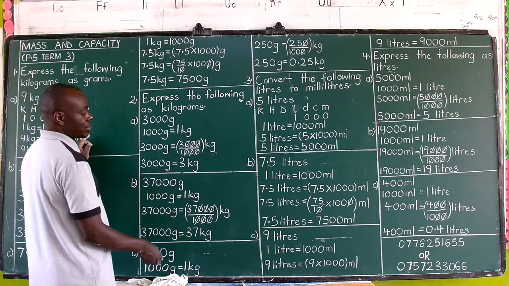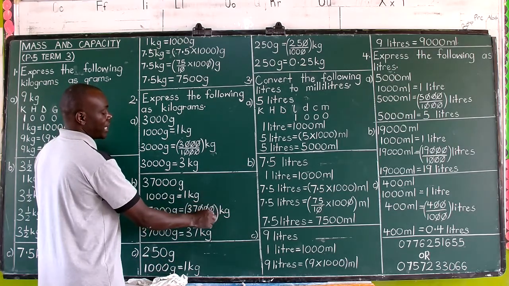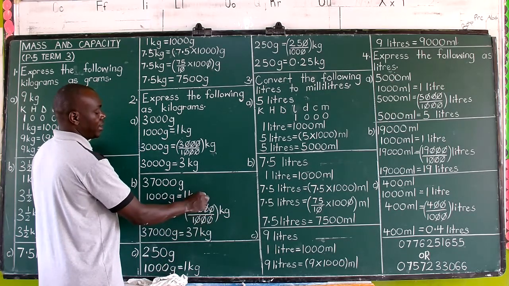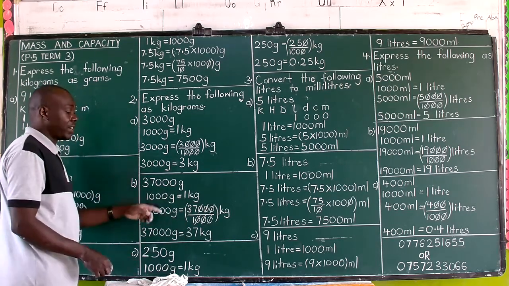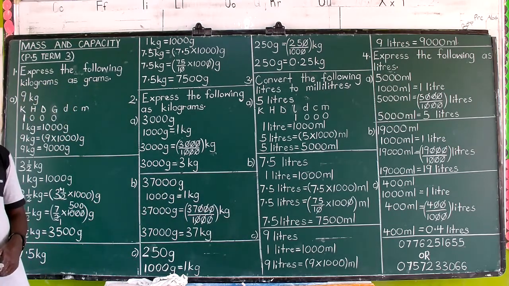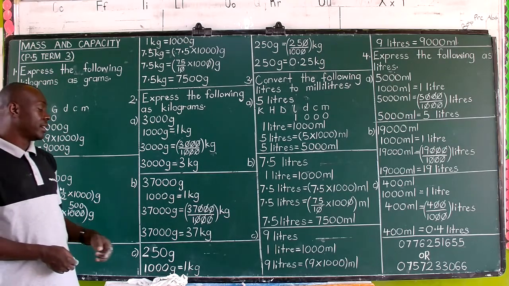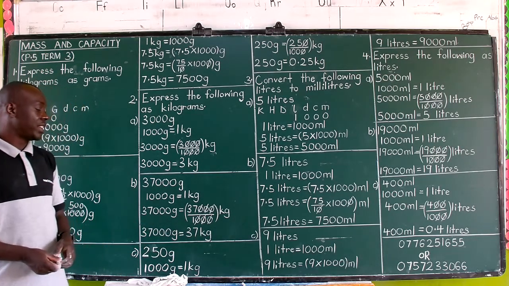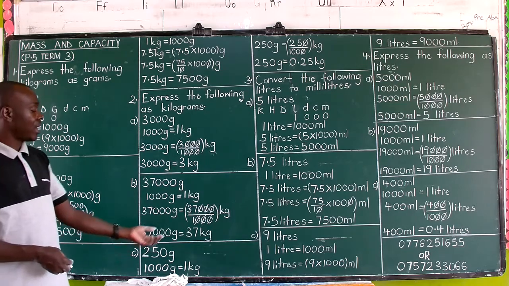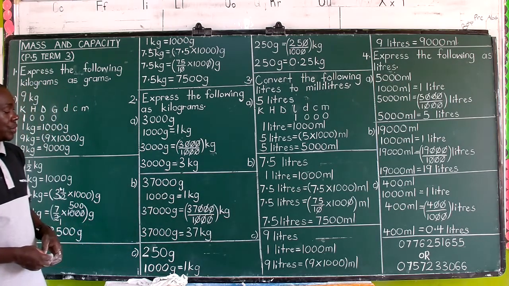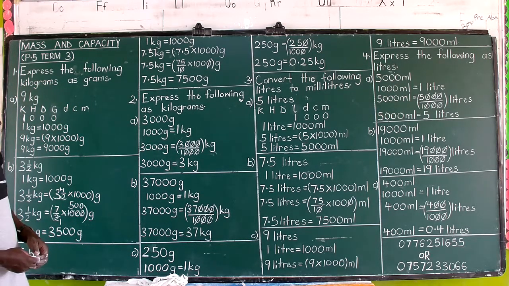So we cancel by 10, by 10, by 10, meaning 37 out of 1, which means 37 divided by 1, and thereby attaining 37 kilograms. So 37,000 grams are equivalent to 37 kilograms.